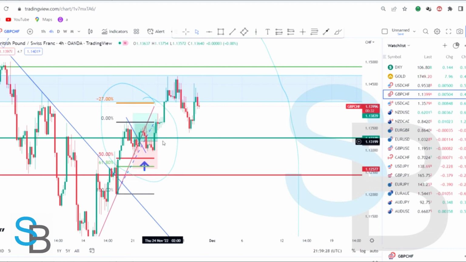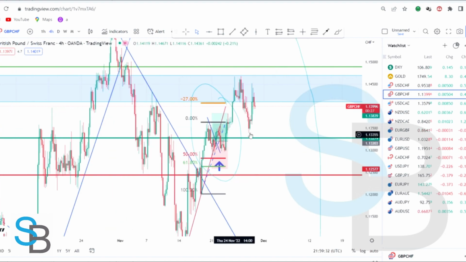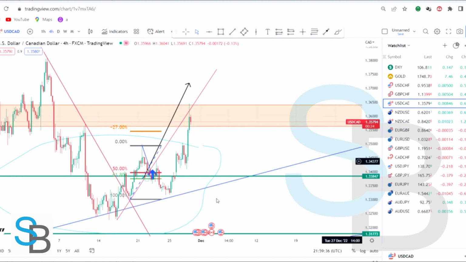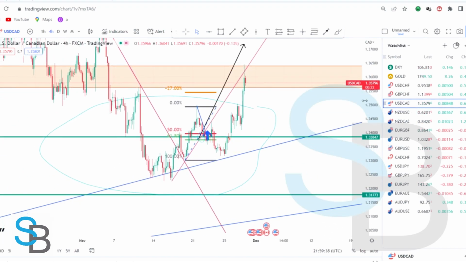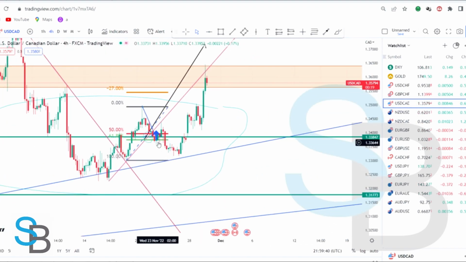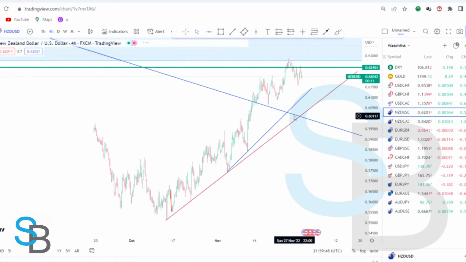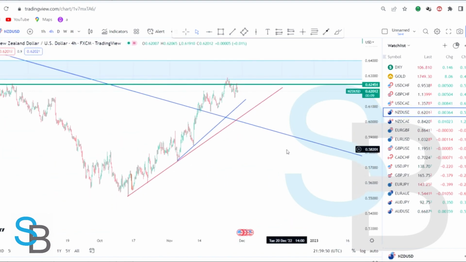I had two buy positions at around here, and I came out around here. So that's one thing to note. And for USD CAD, at this point I was predicting that the market would go up, so it actually came down a bit before going up. I think that's enough of all this.